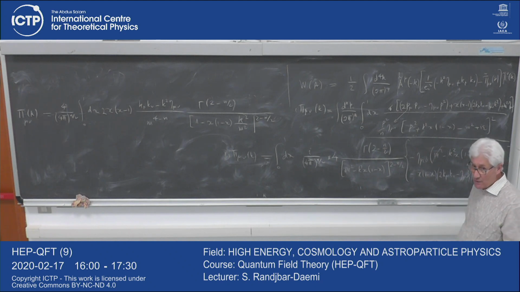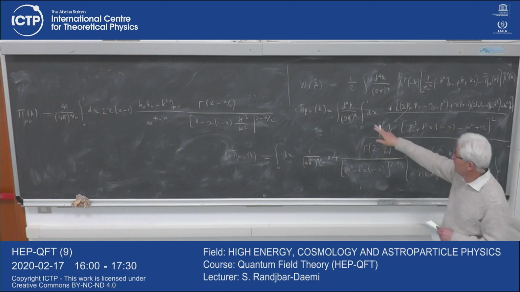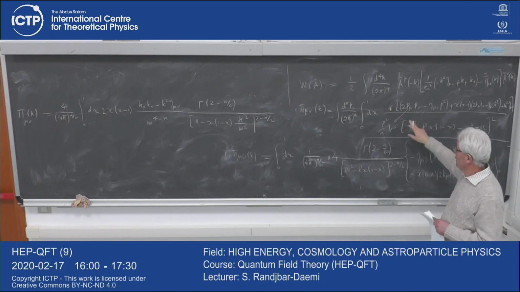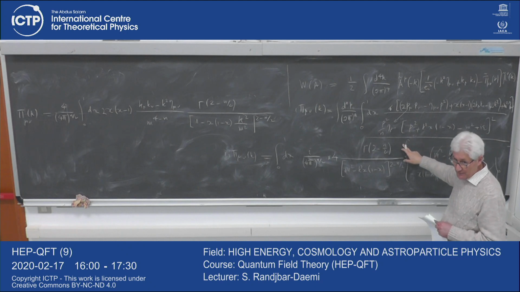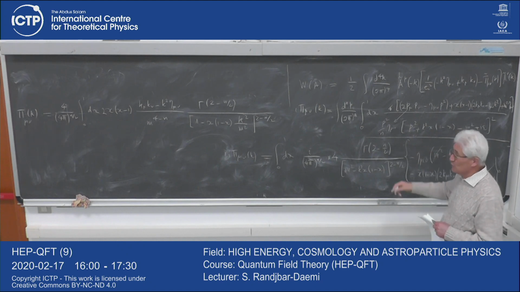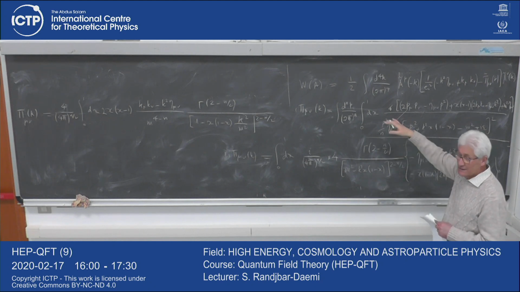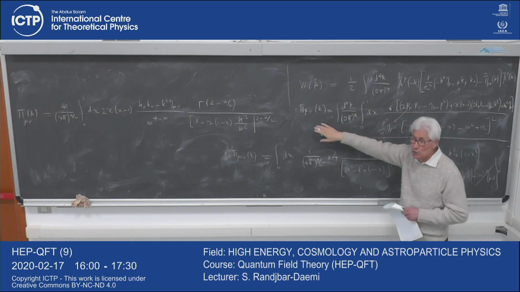When you go away from 4 dimensions, it doesn't have the mass dimension of 2 anymore, because now you have n plus 2 in the numerator and 4 in the denominator. This is one of the reasons that we introduced this arbitrary mass parameter mu to the power that compensates these extra powers to keep it dimension 2 in every number of dimensions.